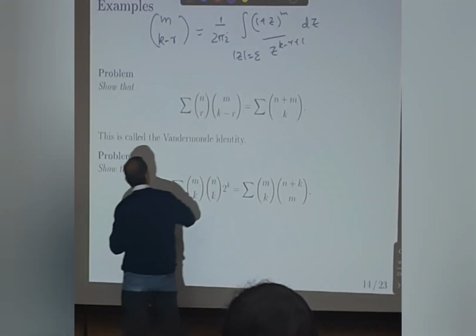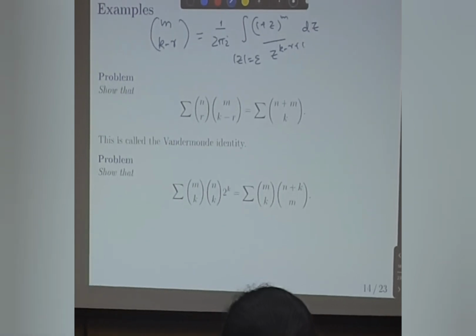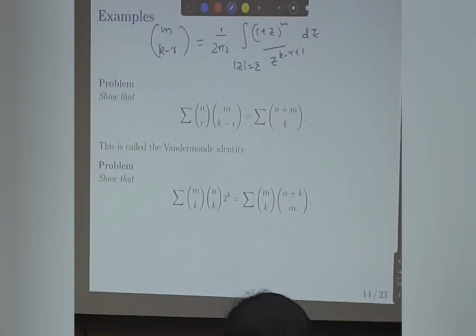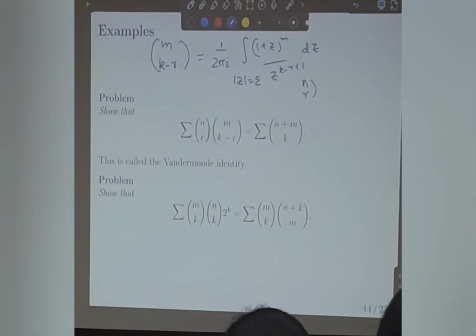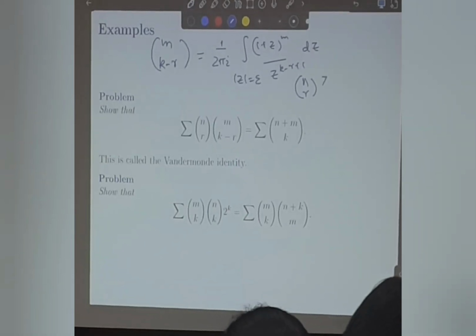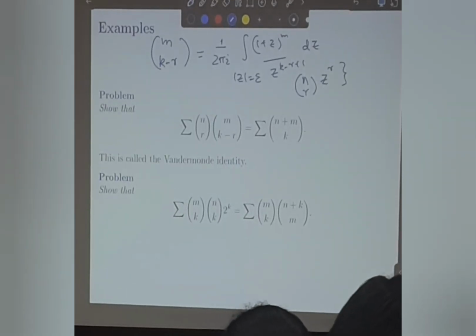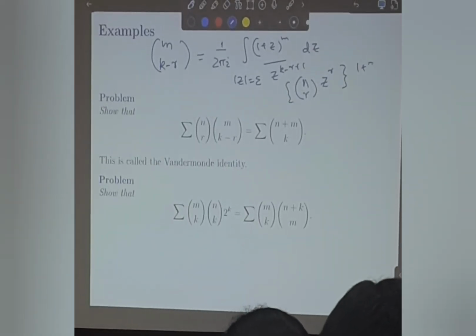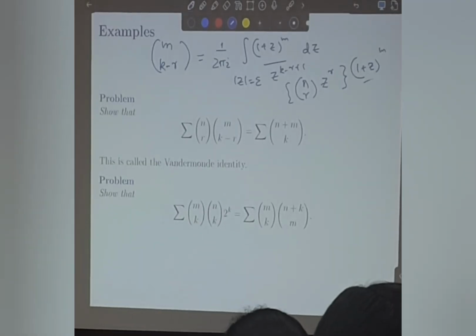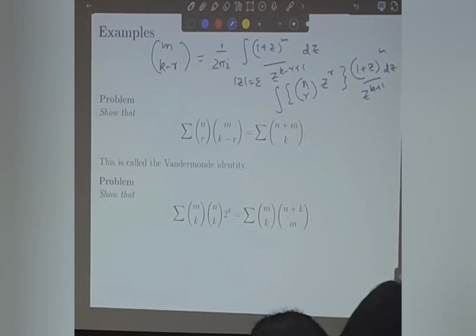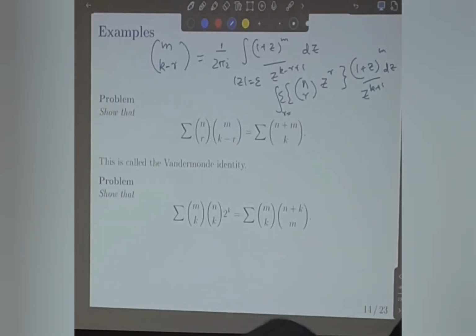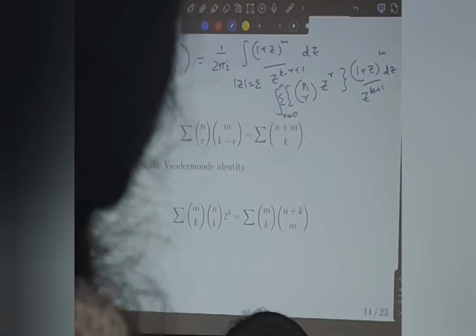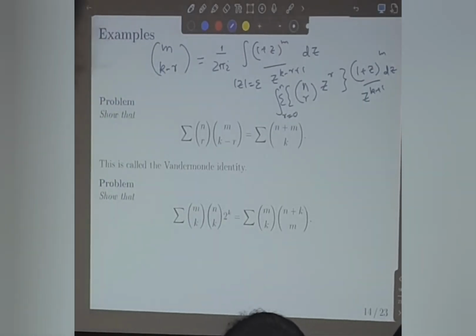So now we get n choose r, and then you have z to the r, and then you have 1 plus z to the m by z to the k plus 1 dz, and then integration. And this summation is over r, but now I'm going to consider r equal to 0 up to n.